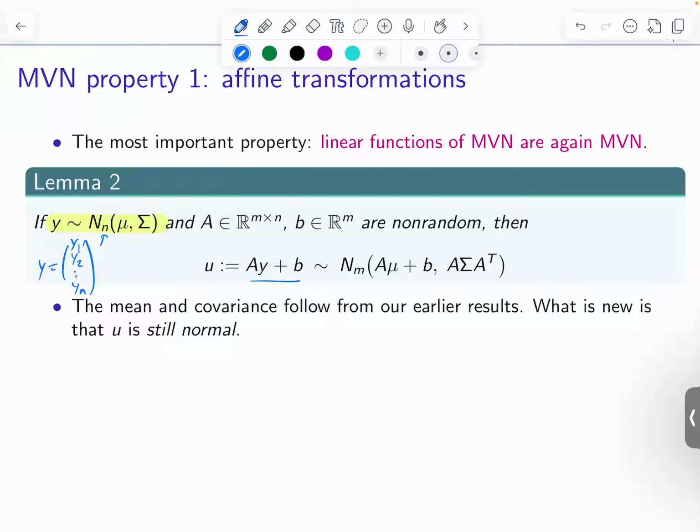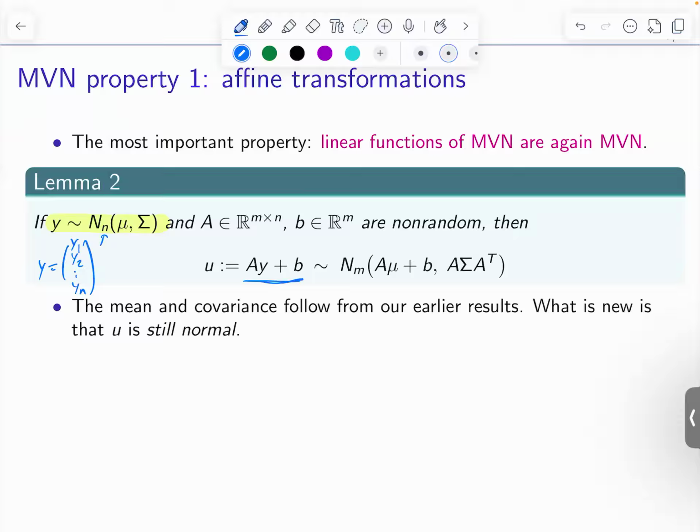We know how to calculate the mean and the covariance of this. What this slide is saying is that if y has a multivariate normal distribution, then Ay plus b also has a multivariate normal distribution. This operation of multiplying by a matrix and adding a constant is called an affine transformation. If b was 0, it would be called a linear transformation, but because of the shift, to be precise, it's an affine transformation.